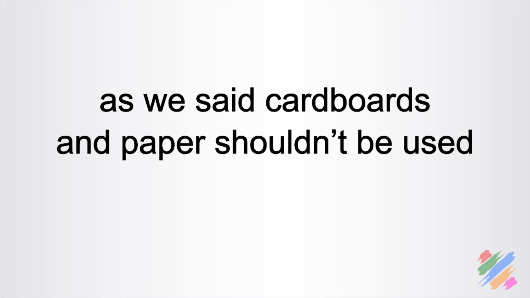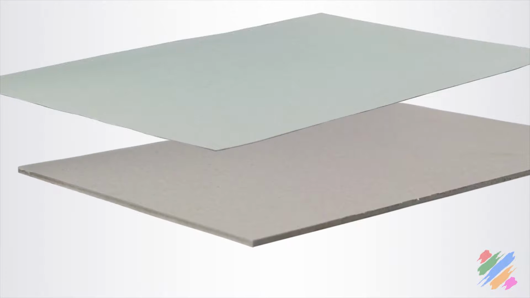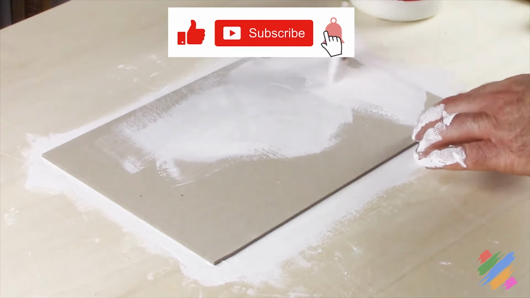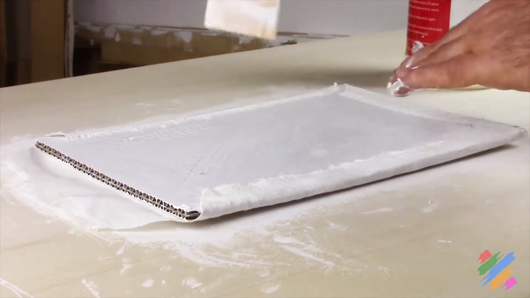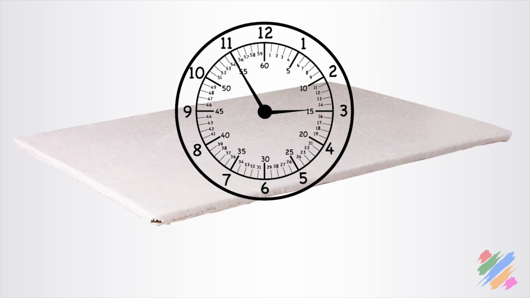As we said, cardboard and paper shouldn't be used for the final painting, so the fastest way is to use them as they come. But we can decide to process them with a couple of layers of acrylic primer, and if we want, we can cover them with some canvas. In this case, they last longer.